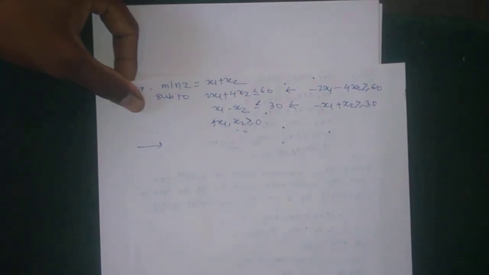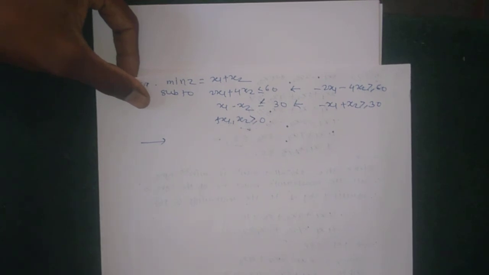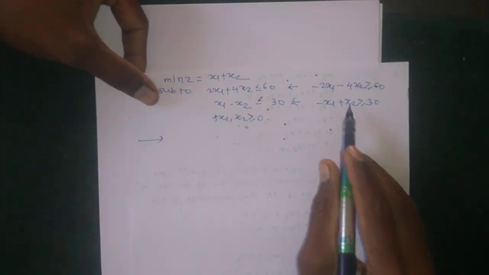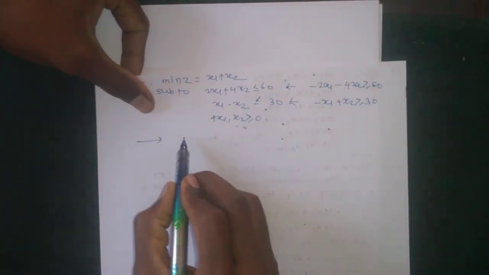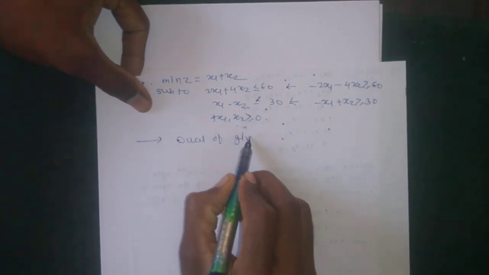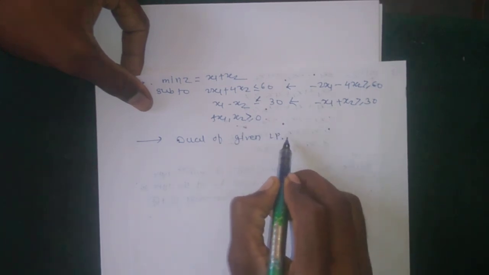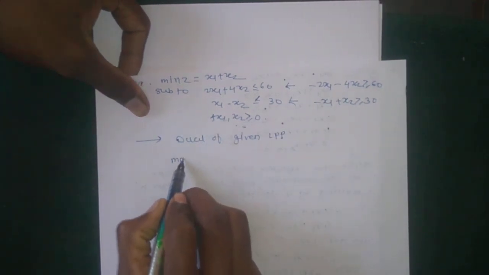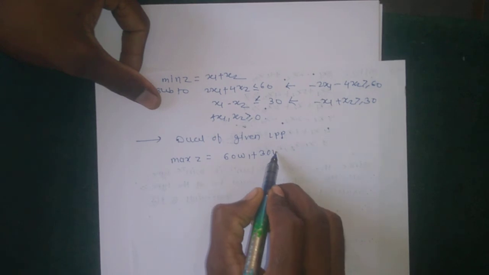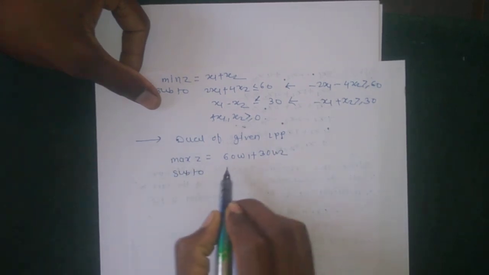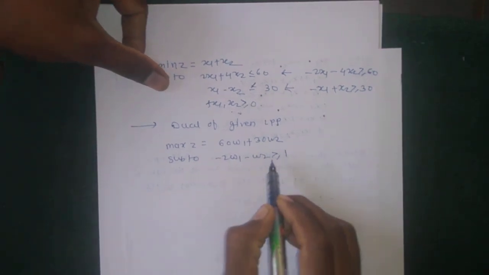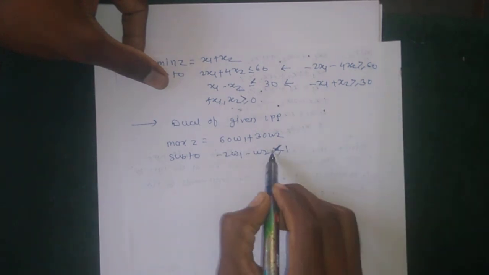Then its dual is the dual of the given LPP. The dual is maximum Z is equal to 60W1 plus 30W2, subject to minus 2W1 minus W2 is less than or equal to 1, because the primal constraints are greater than or equal type.